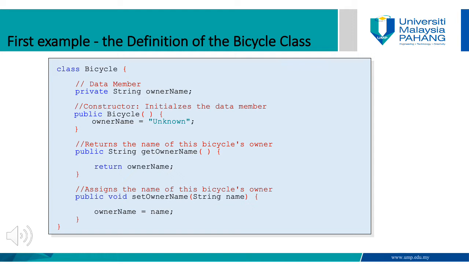That means we will pass the value of the owner name. Then we assign the name of this bicycle's owner by using public void setOwner(String name), and we set ownerName equal to name. So this is a simple example of how to create one class.